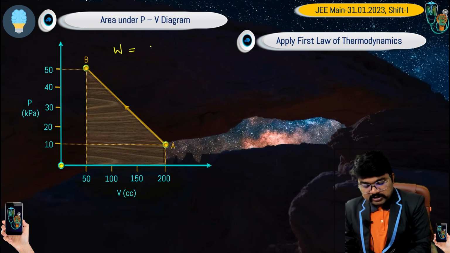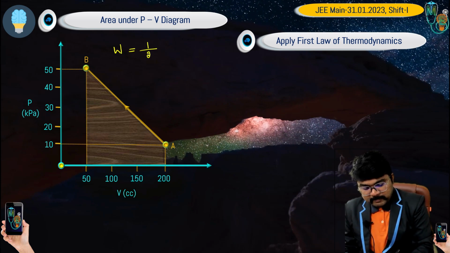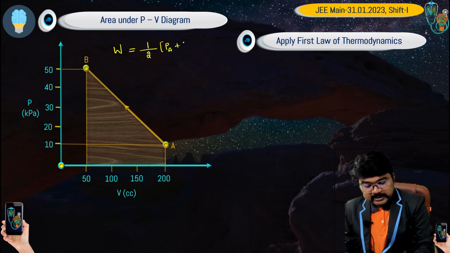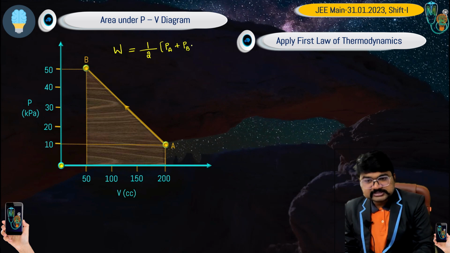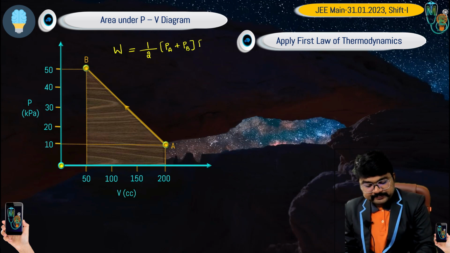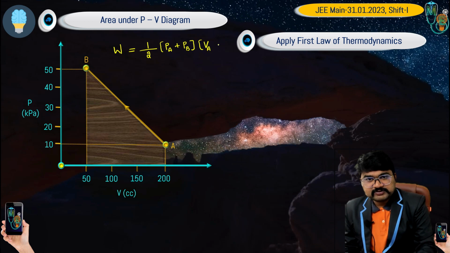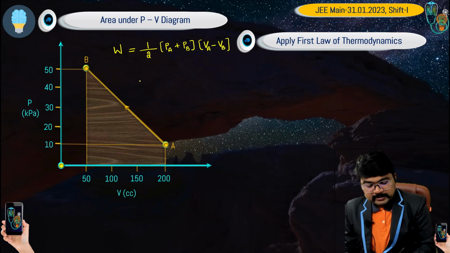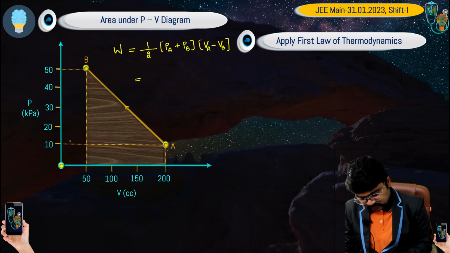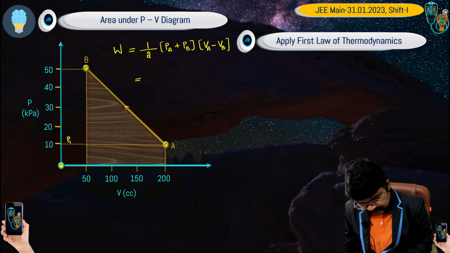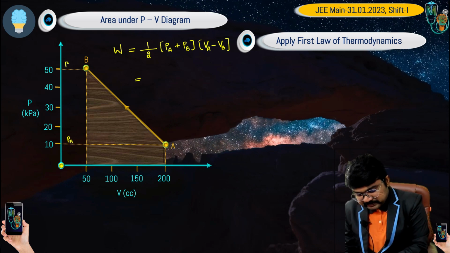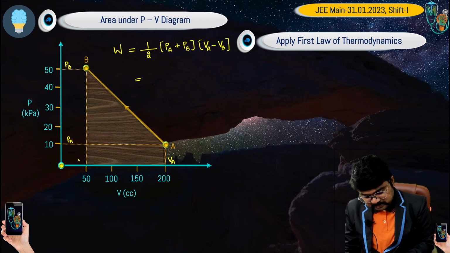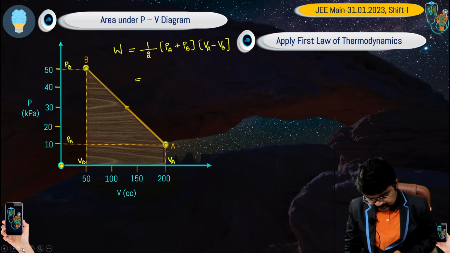We got W equal to 1 by 2 into PA plus PB into VA minus VB. What is PA? Here it would be the pressure at this state, PA, and this would be PB. Here it is VA and this would be VB.